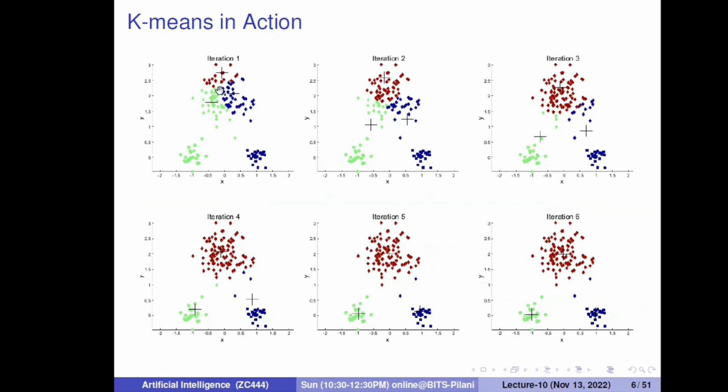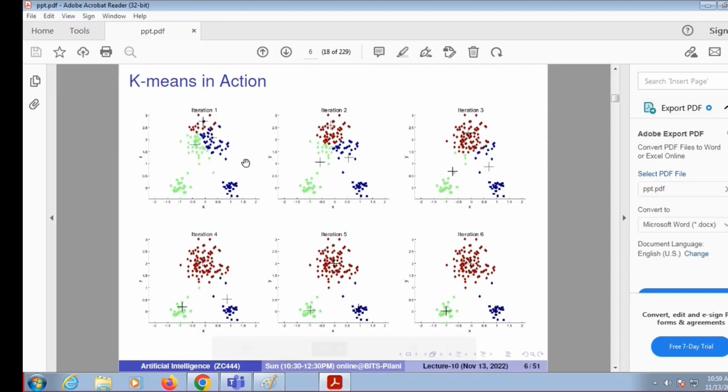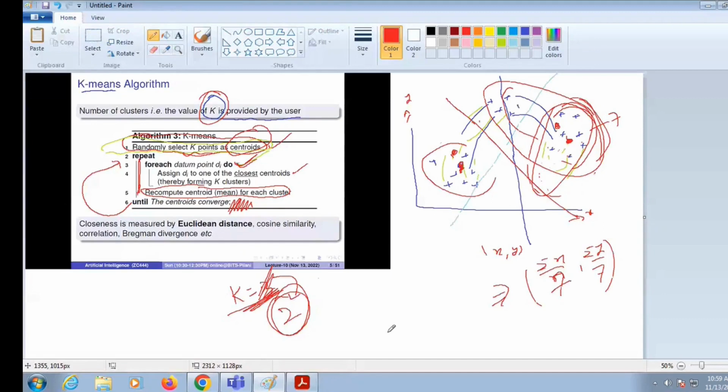Sir, what is meant by until the centroid converges? Okay, so I was telling you. Let me tell you once again. Every time, initially the centroid was here, it has moved to this place. After that, it has moved to this place. But when it moves to this place, then the line becomes this. Then the assignment was this.